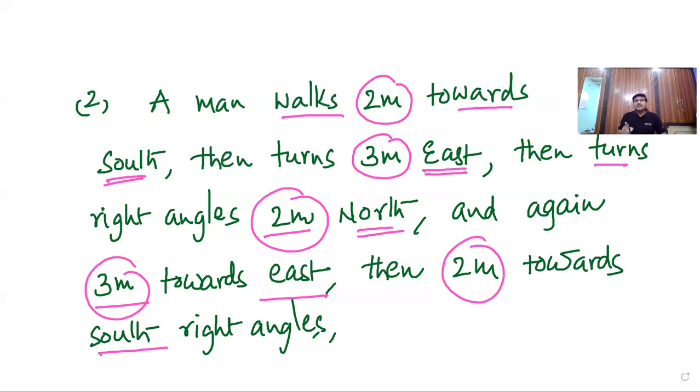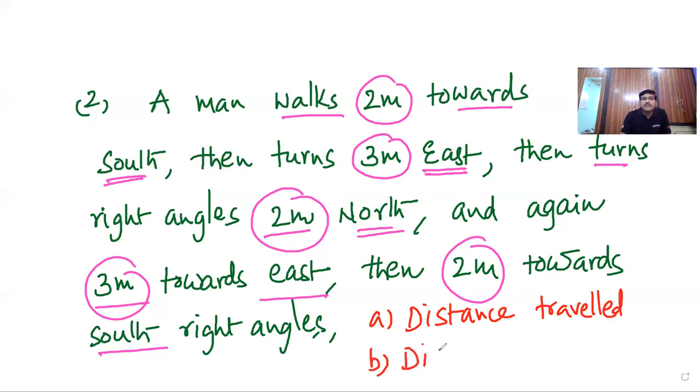South, east, north, east, again south. Okay. In this case, he is asking two things. First one, distance traveled. Number two, displacement.